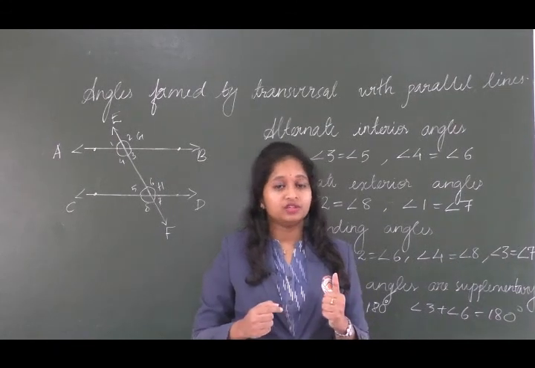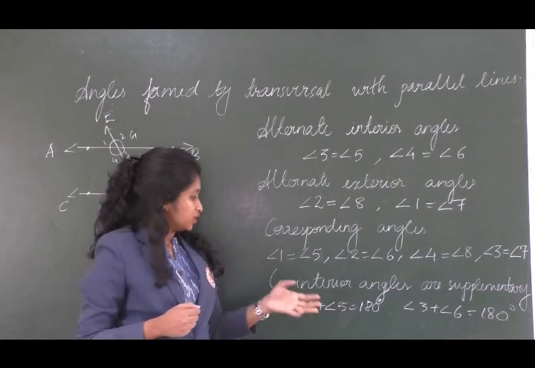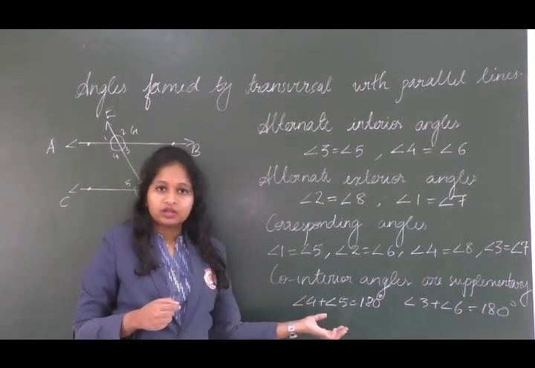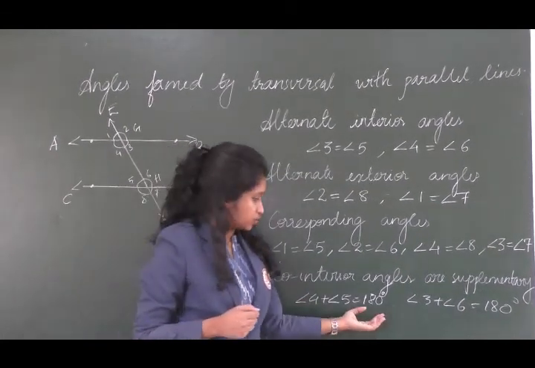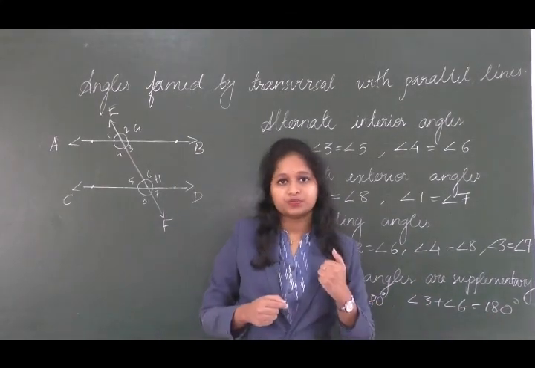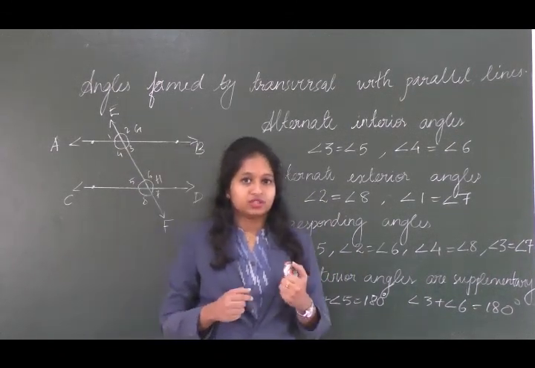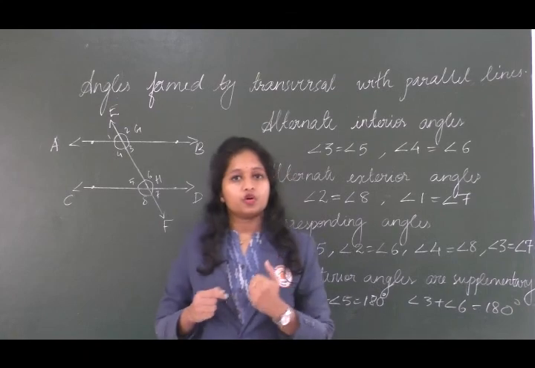Supplementary angles, the sum should be 180 degrees. Yes, so angle 4 plus angle 5 equals 180 degrees, angle 3 plus angle 6 is equal to 180 degrees. So you should keep these conditions in mind, only then can you solve problems.